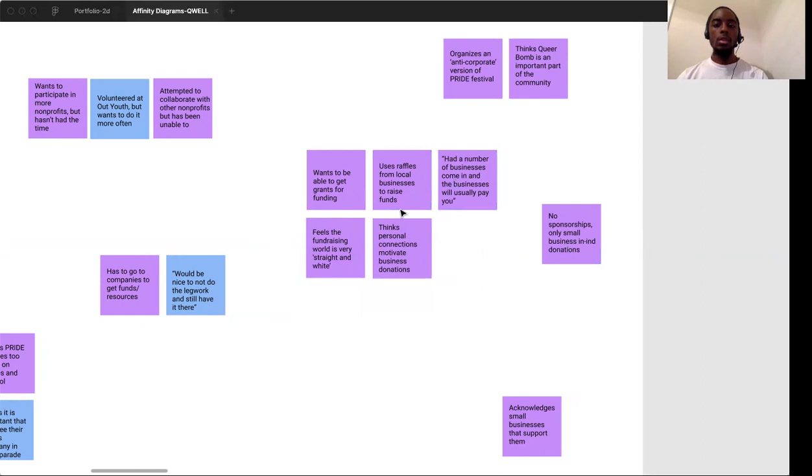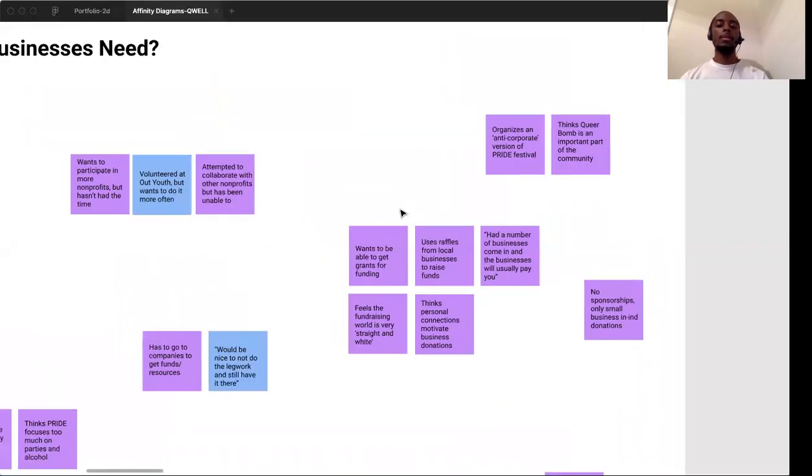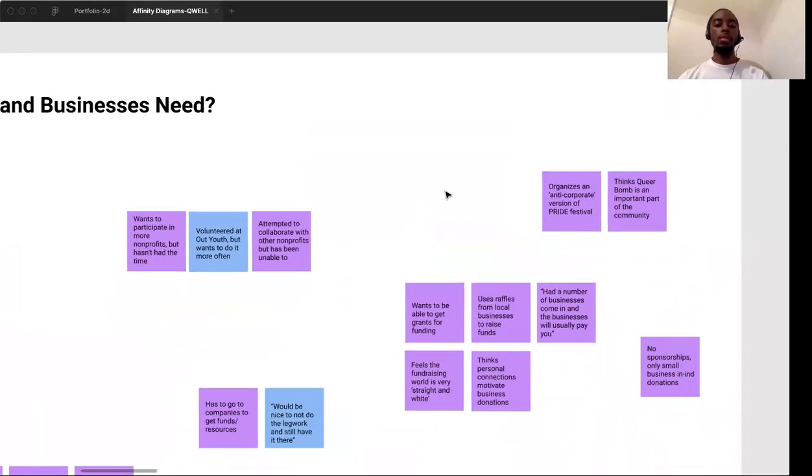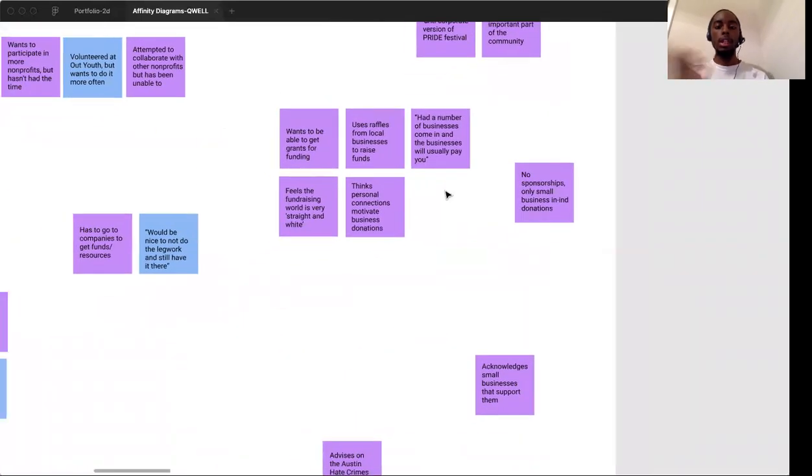So these, they all kind of mention funding, but I don't know. And you've got to look at this from the perspective of what they need. That's why it's important to have this at the top. So I keep saying what they need, what they need. I understand that this is related to funding, but I think this may be a little bit better separated by what the need is, what pain point this is trying to point to.